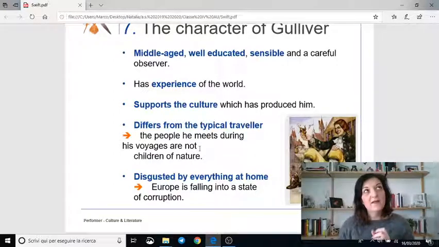The difference is that mostly the people he meets during his voyages are not children of nature. What do I mean by that? For example, think of the only novel that we have read and dealt with, Robinson Crusoe. Do you remember when Robinson Crusoe meets Friday?